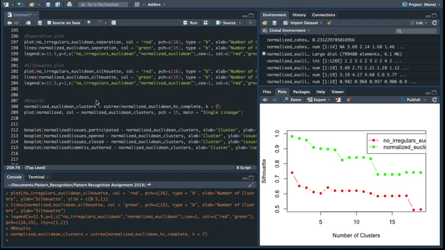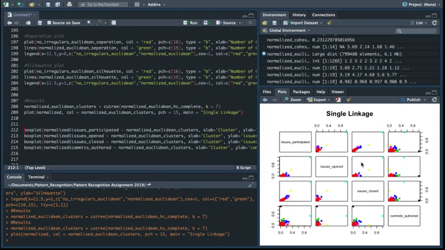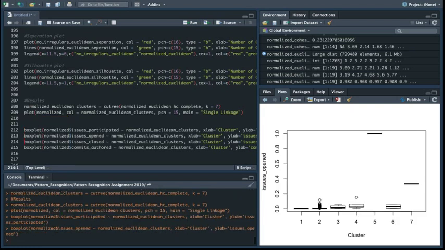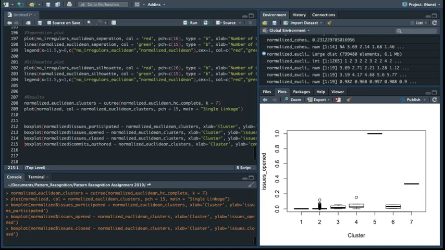We cut the tree of the normalized data set, with the Euclidean distance of the HC complete algorithm, with 7 clusters, and we plotted it, and that's how it separated our data into clusters. But that doesn't tell us anything, so we are going to plot the box plots, and we have it all together here.